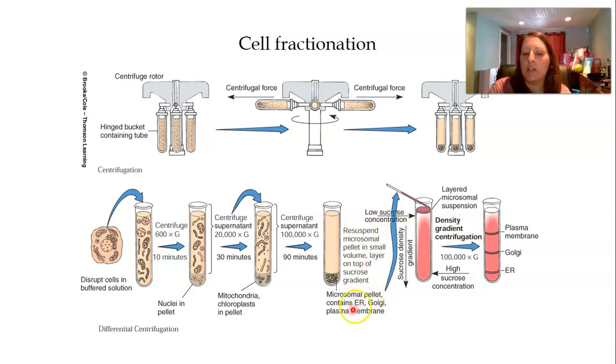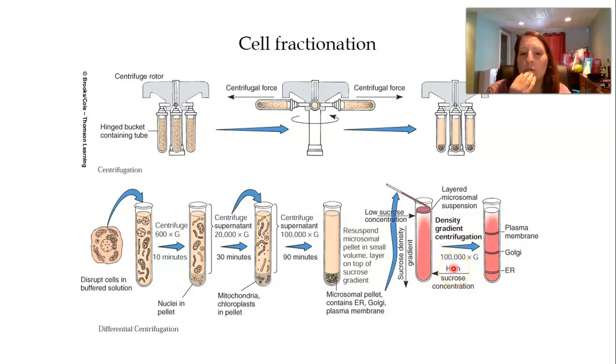Okay, these sections of the cell will separate out based on density. We would spin this tube, and again, the plasma membrane would separate out towards the top of this density gradient. The Golgi would be towards the middle, and the ER towards the bottom. Okay, of course, we have to spin this one more time.